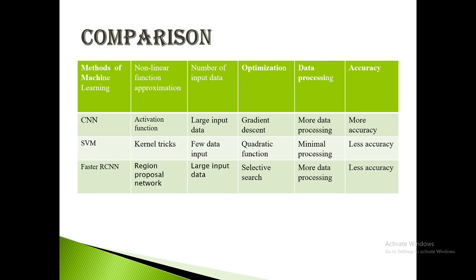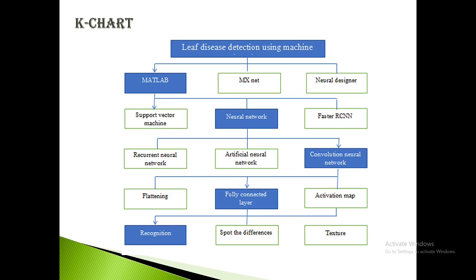CNN has the largest input data and also largest data processing, while the SVM is low in both data input and data processing. Faster RCNN also has a large input data and large data processing, but the optimization of the faster RCNN is only the selective search. So the suitable system for the leaf disease recognition is a convolutional neural network.